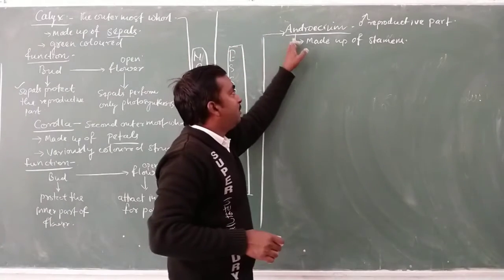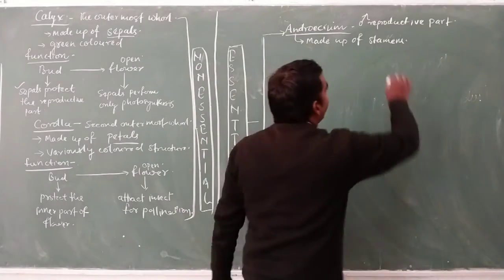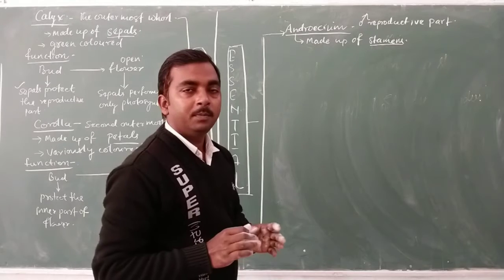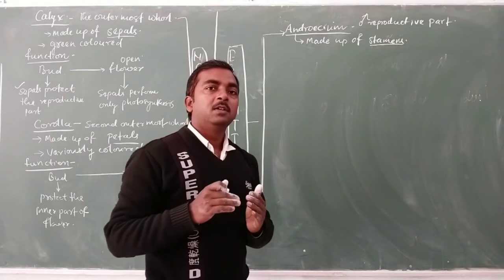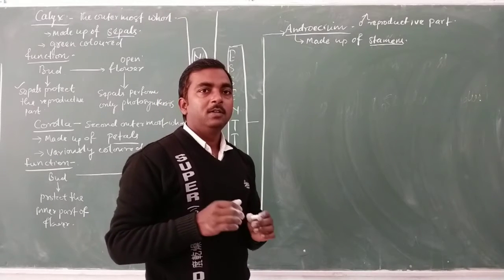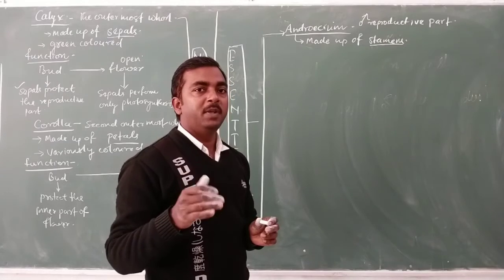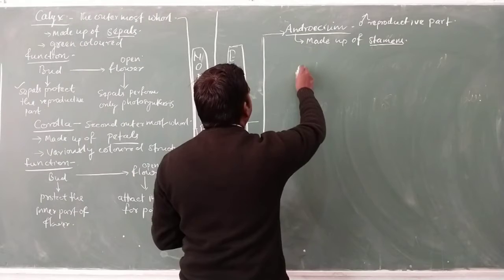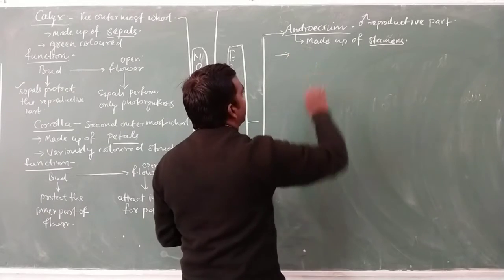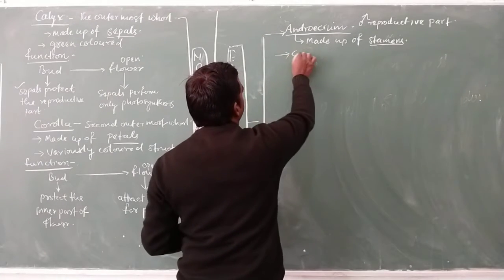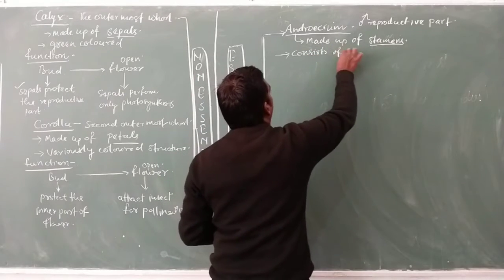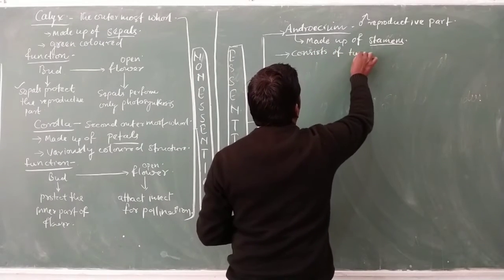This is the main reproductive organ. There may be flowers that consist of many stamens, or many main reproductive organs. This stamen consists of two structures.